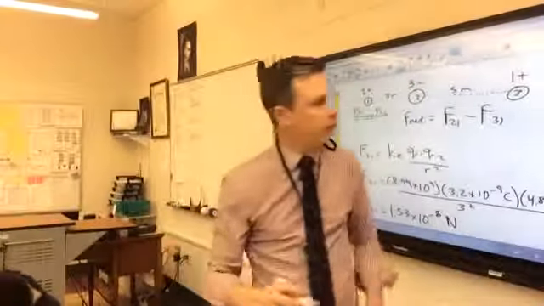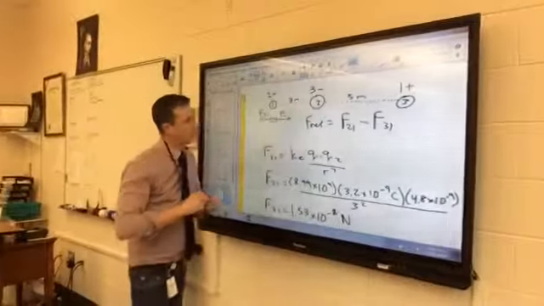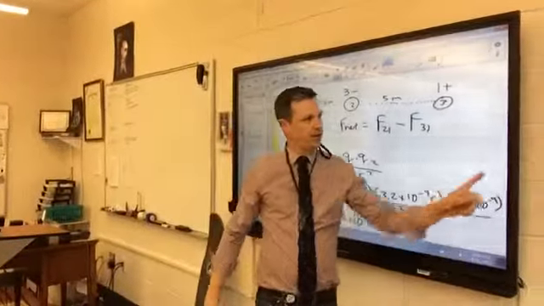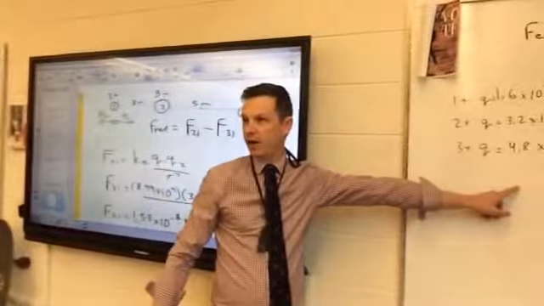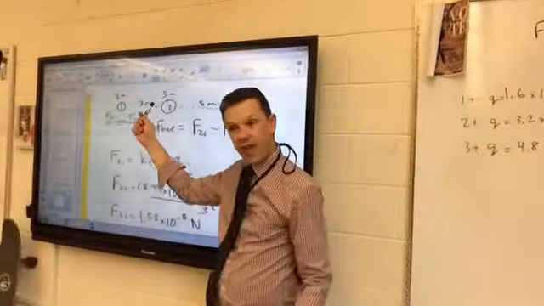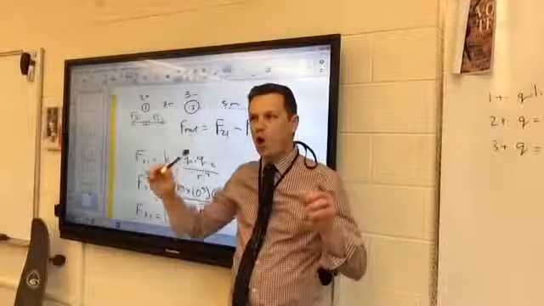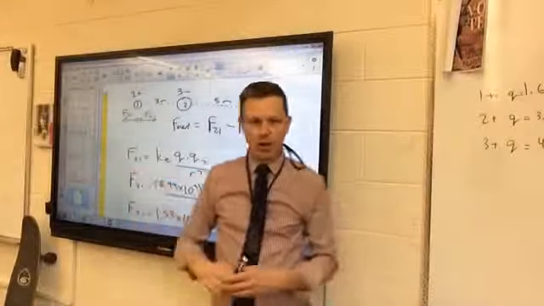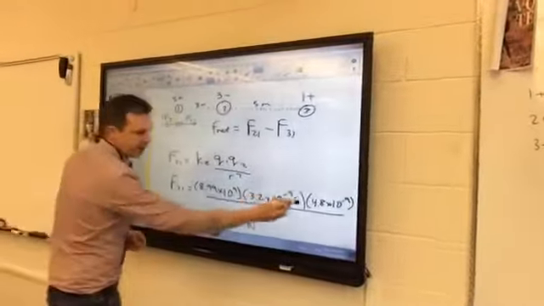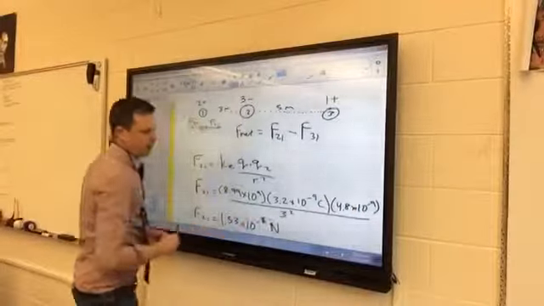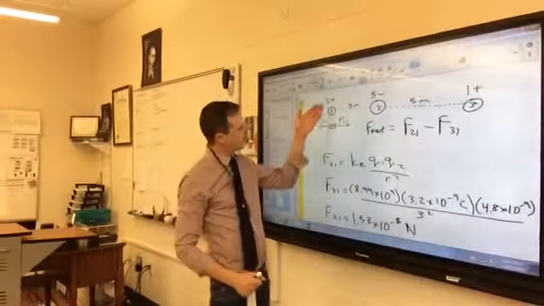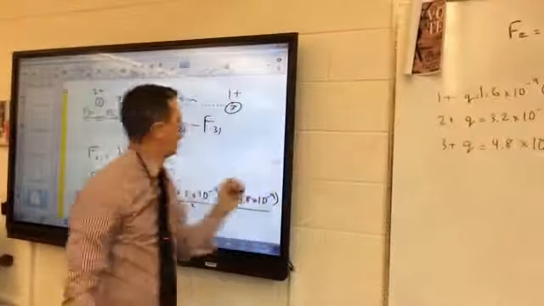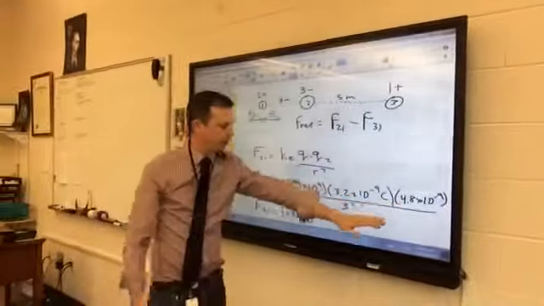And so we've got a 3 negative. Normally I would make that negative because it's negative there, but I know it's in an absolute value, so I just make it positive. Because I know this is 2 positive, I put in the 3.2, and I know this is 3 negative, so I put in the 4.8.